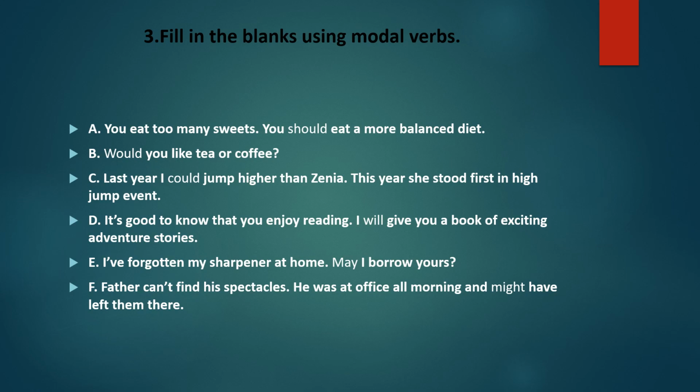Next we will take will and would. Will, all of you know, talks about the future, and would is used to offer help, to offer something. If you are offering something, you can also use this modal would. And after that, may and might. May we use to ask permission, and might expresses possibility, slight possibility. The next is must.